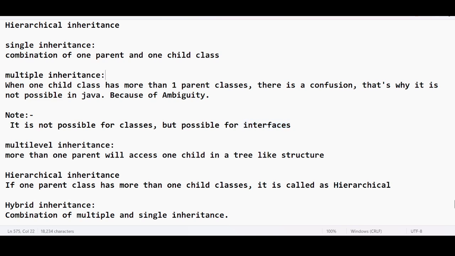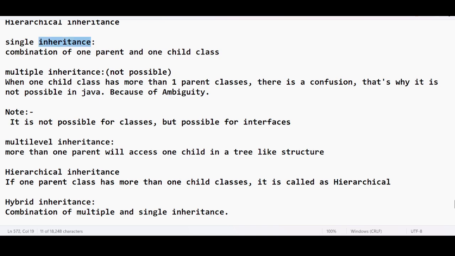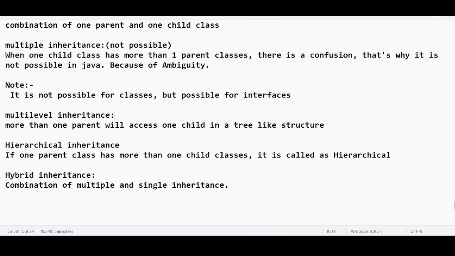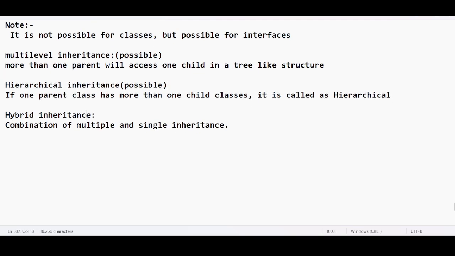Multiple inheritance, not possible. Single inheritance is possible. Multi-level is possible. Hierarchical is possible. Hybrid is also not possible because it is a combination of multiple and single inheritance, and you have one multiple inheritance there.